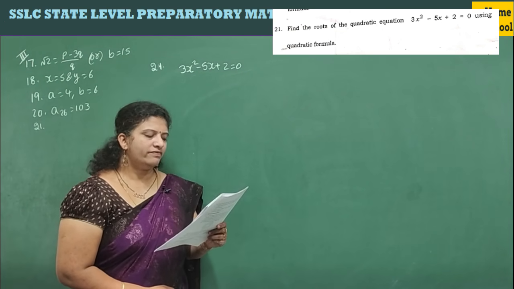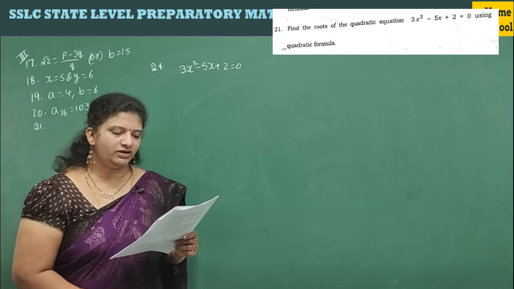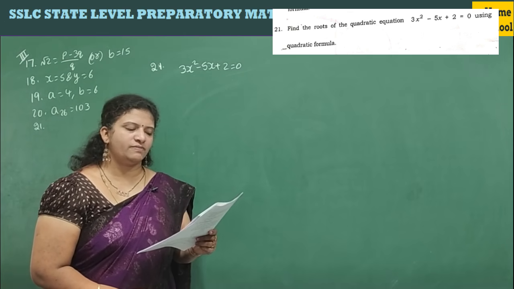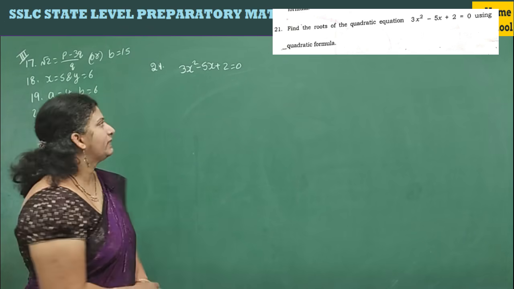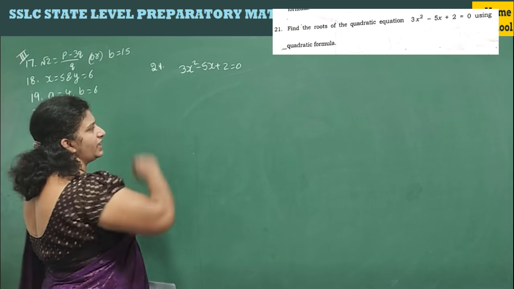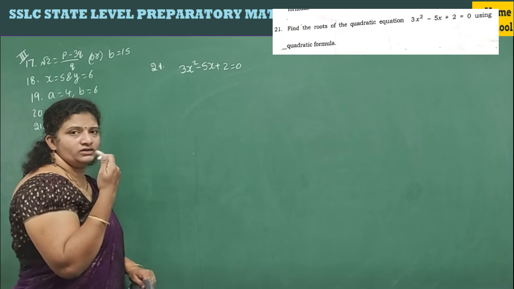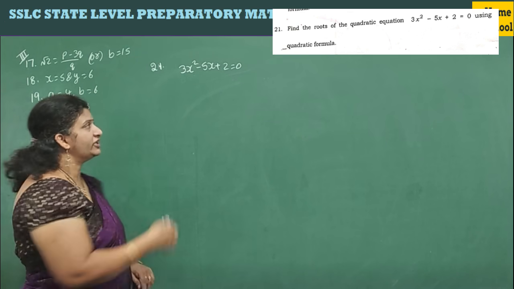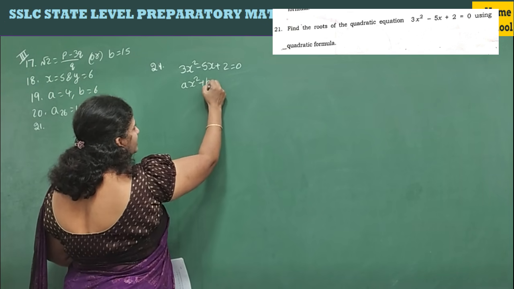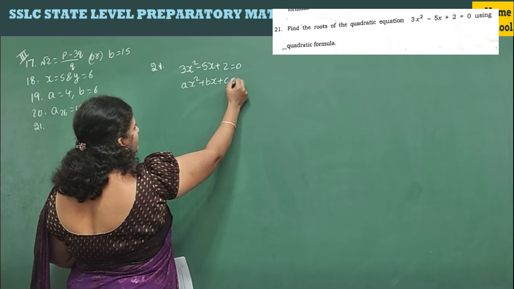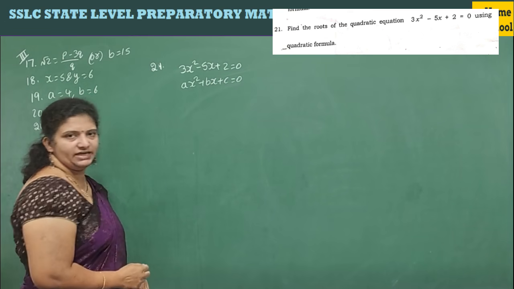21st problem. Find the roots of the quadratic equation 3x square minus 5x plus 2 equal to 0 using the quadratic formula. First, we are going to write by comparing the given quadratic equation with the standard form of the quadratic equation, that is ax square plus bx plus c equal to 0.